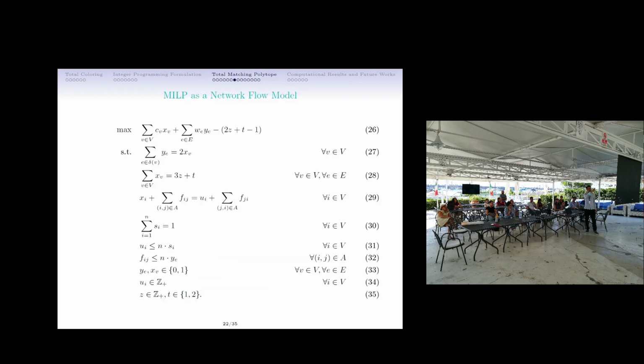We can solve the separation problem of the 2K3 cycle as a network flow model. Since we want to find the most violated 2K3 cycle, the constraint 27 says that we have a disjoint union of cycles whenever the variable xv, where xv is the vertex variable for every vertex v, and we have a binary variable for every edge here.